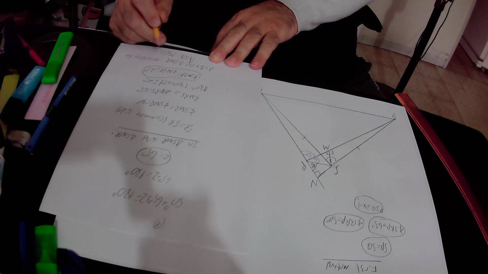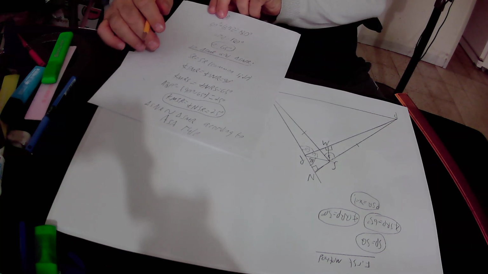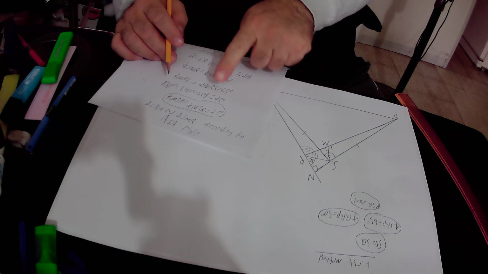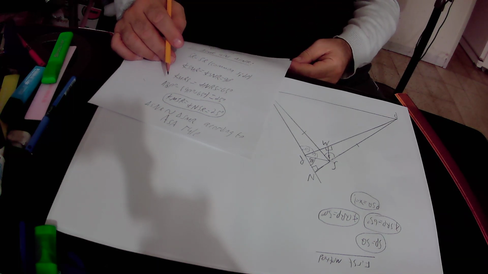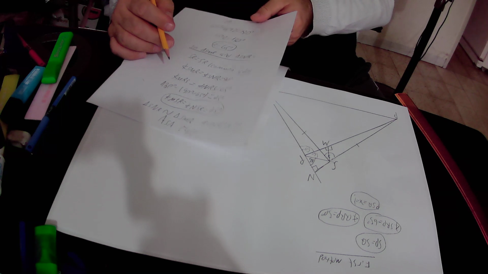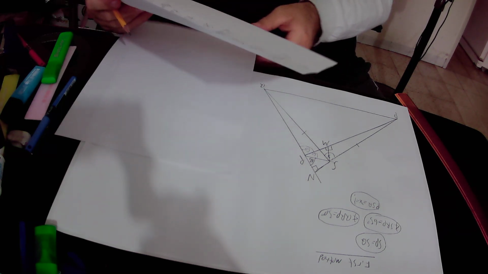So I read it again. Triangle SNR is congruent to triangle SMR according to the angle-side-angle rule. So what is the angle-side-angle rule?